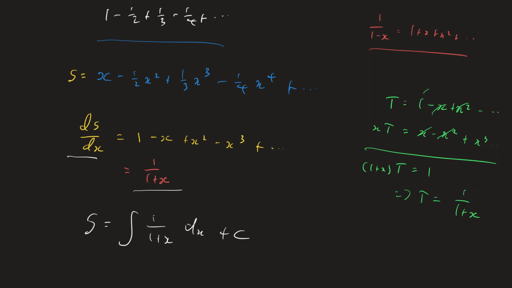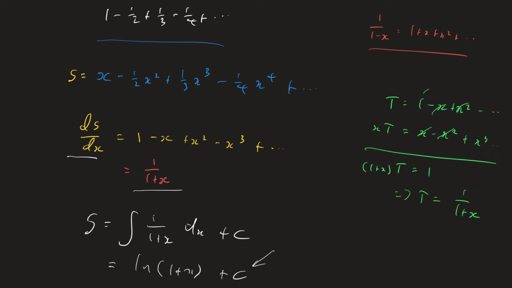Integrals are a bit like series in that you need to have some background knowledge in order to try to figure out what they are. In this particular case, we should be able to recognize that this integral is given by the logarithm of 1 plus x plus the normalizing constant. To figure out the normalizing constant, we simply need to take a particular value of x, the simplest being x equals 0.